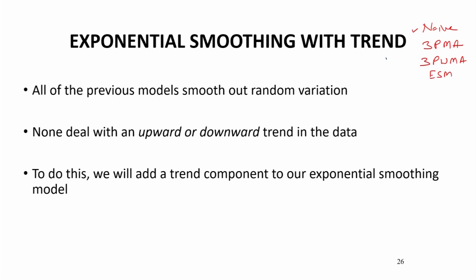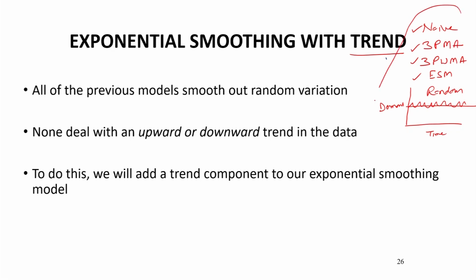Okay. These 4 methods we have studied, and these 4 methods belong to the phenomena of random variations, where your demand is fluctuating around some mean value. So, here we are talking about trend. So, this is only random. The methods which we have studied so far belong to this category. Now, let us see the trend aspects.